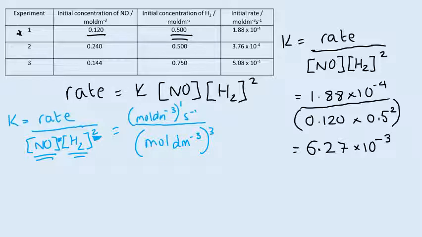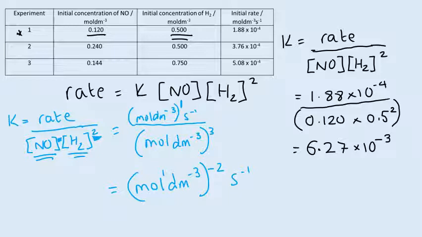So now what I can do is 1 take away 3. 1 take away 3 is minus 2. So my units are moles per decimeters cubed to the minus 2, seconds to the minus 1. Now, multiply this brackets out.